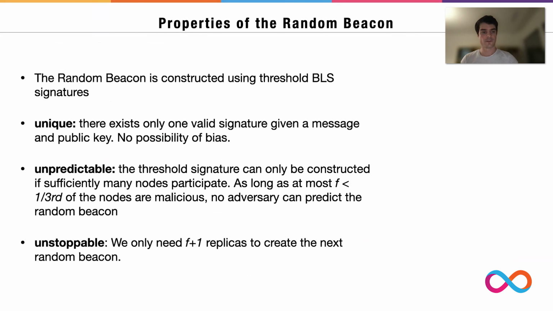Unlike many other signature schemes where there is some randomness involved, like I have many different choices of how to sign a message, in the BLS signature scheme there is no choice at all. Given a public key and the message, the signature is fully determined. There cannot be multiple valid signatures. And so this really removes all the possibility of bias, right?